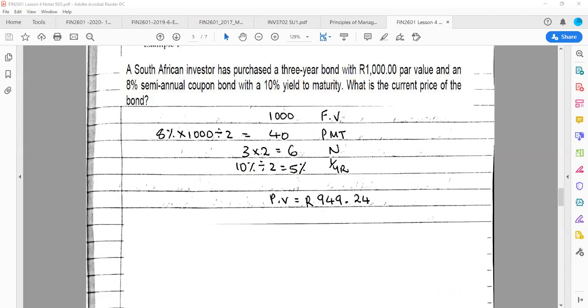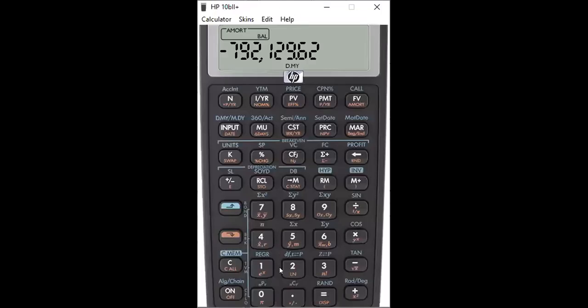Maybe I can just illustrate that to you on the calculator, right? So we say 1,000 is our future value, and then 8% multiplied by 1,000 divided by 2. That gives us our PMT.